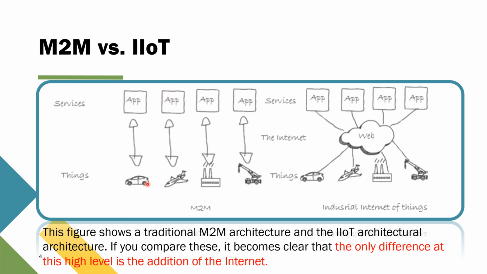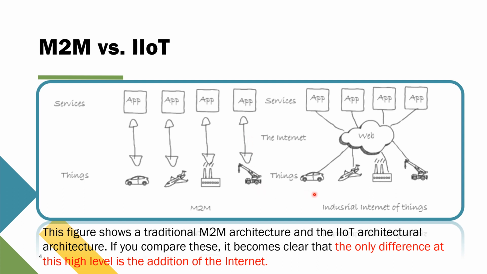Let's say the car has its own apps just for the devices of that particular car. For the aeroplane, it is just for the aeroplane, and for the factory, it is only the apps for the factory. The robotics or anything else has its own particular apps or services only.